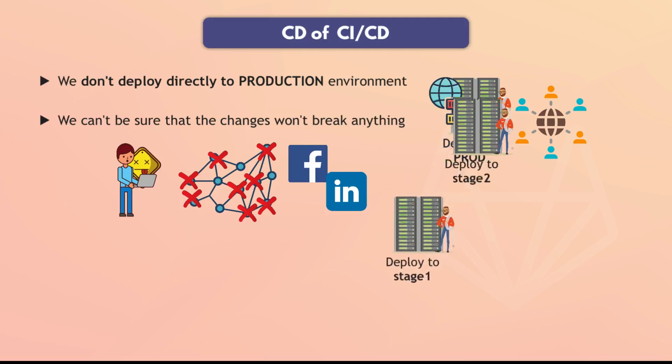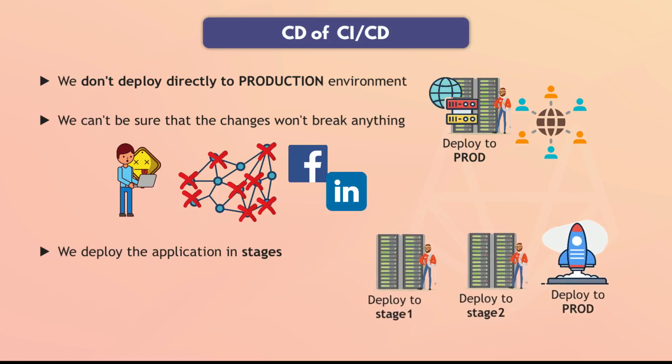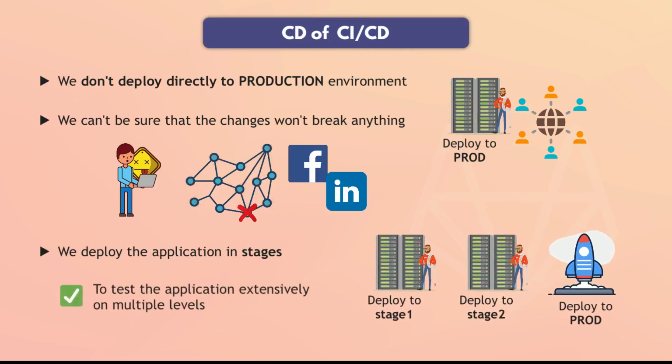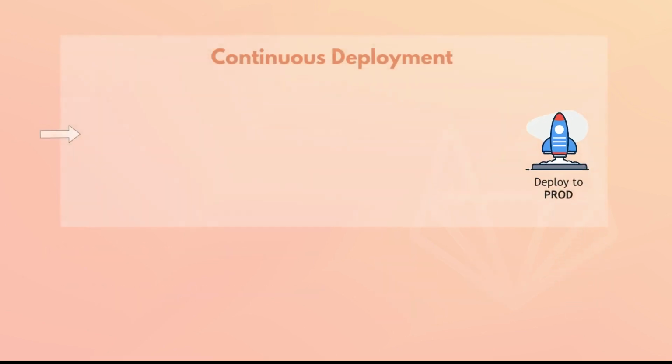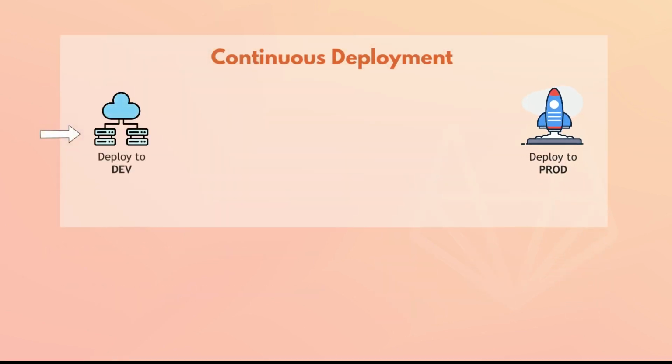So we deploy the application in stages so that we can test the changes extensively before we really fully release it. So we deploy to the first stage, which is often called a development stage, which is very similar to the final production stage. And we test the changes there. We run some automated tests like unit tests and functional tests to see that the application functions properly.